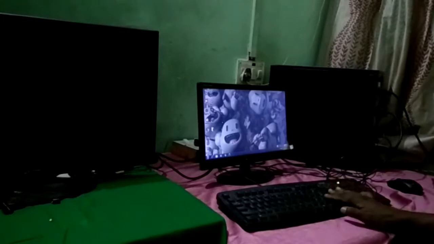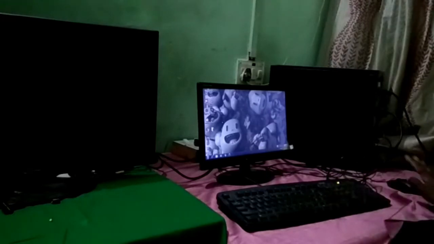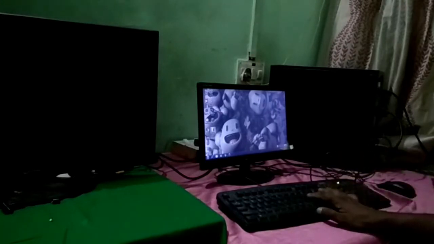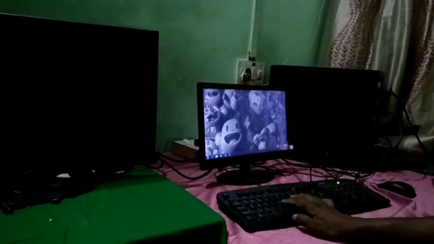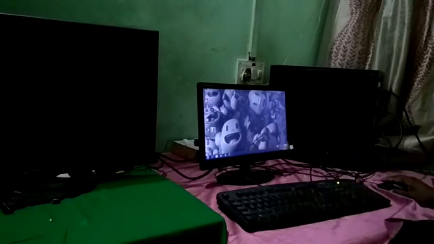The keyboard and mouse, here we can see the mouse, are the most common input devices. Whenever we do work in the computer, we use keyboard and mouse together. So these are the important and common input devices I can say.